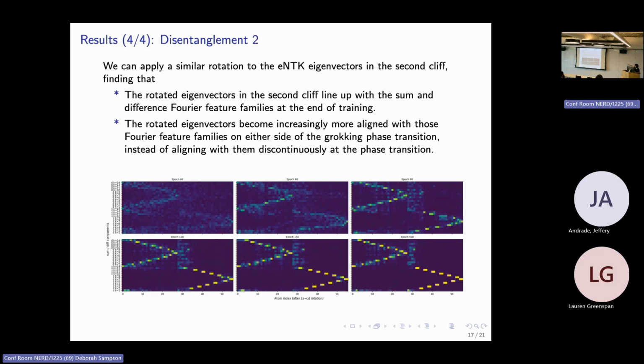This plot is the inner product between the rotation of the vectors in that cliff that I described in the paper and the sum and difference Fourier modes, starting from epoch 40, way before grokking, to the end of training. Starting already at epoch 40, you can see some incipient alignment of these directions, which become the second cliff at grokking, with the sum and difference modes.